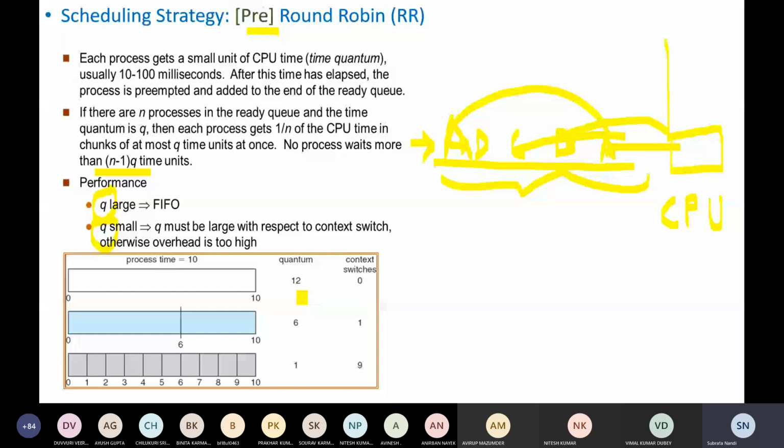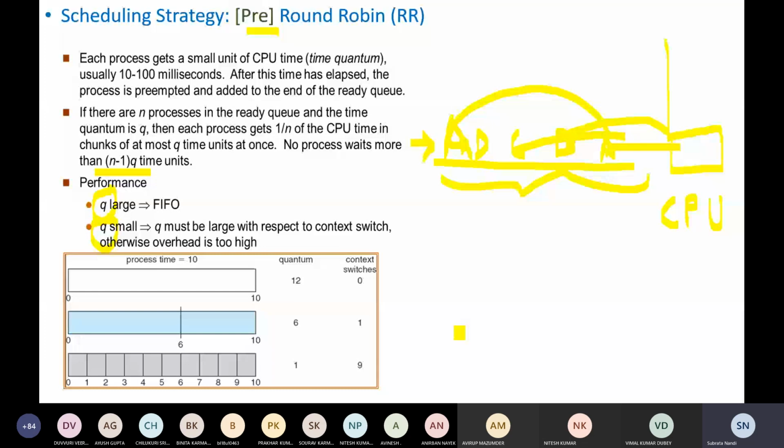If the time quantum is reduced to half, like say 6, then after 6 units it needs a context switch, so there will be one context switch in between the execution for this process of 10 units requirement. But if the time quantum is 1, then there will be 9 context switches required, and each will be adding some kind of overhead. So this is the issue.